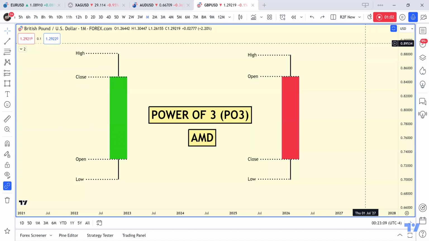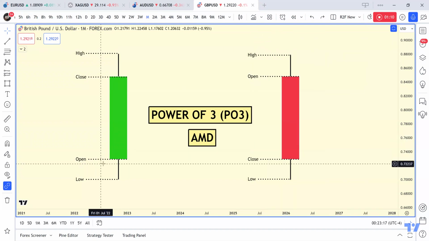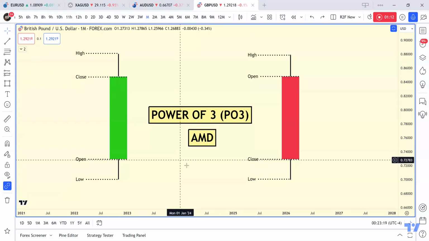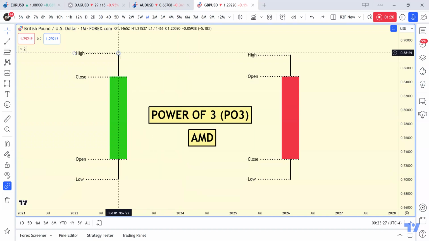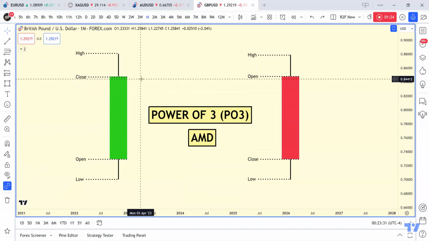So it's for us to anticipate the next candle, right? Anticipate smart money accumulating orders at the open or below the open, causing some sort of manipulation and then expanding up, and then distributing the orders at the high and eventually closing.